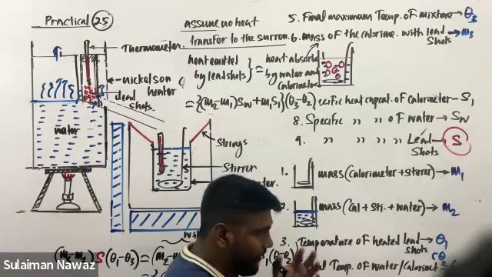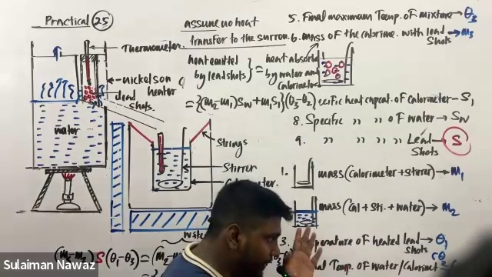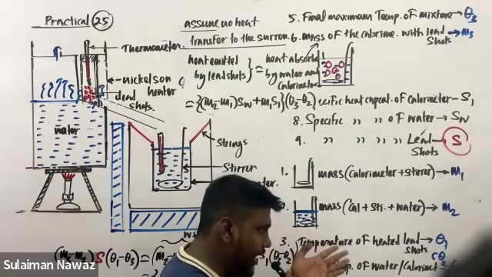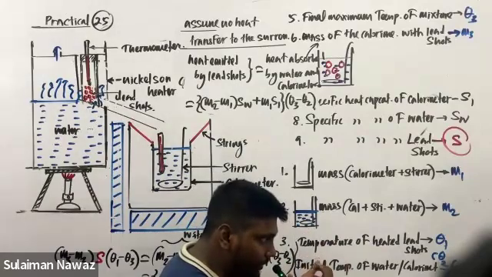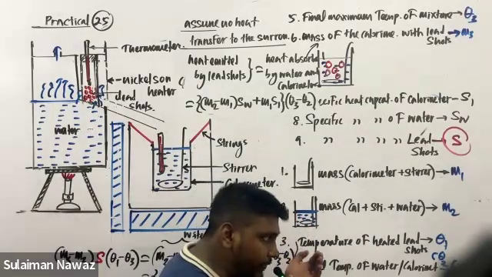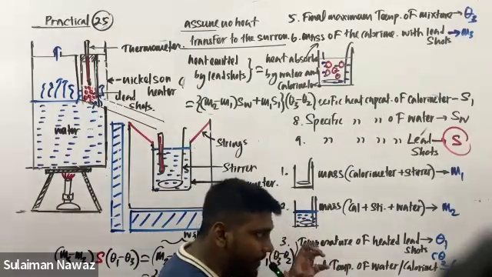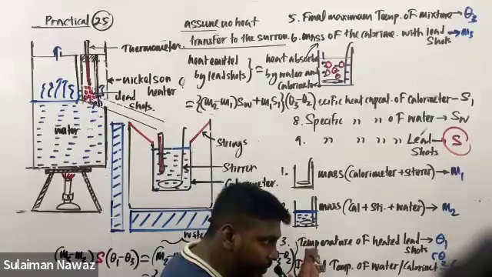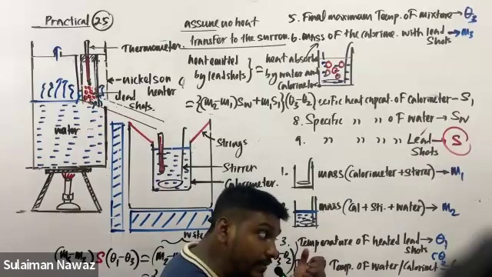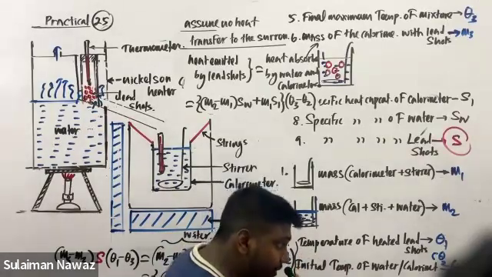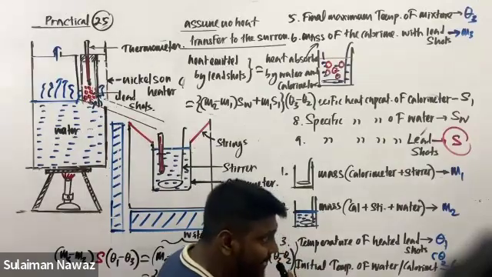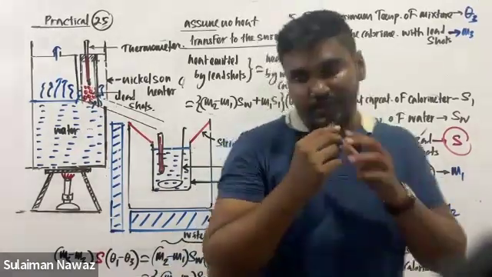Okay. Now, number one, measure the mass of the empty calorimeter and stirrer, and measure the mass M2 of the calorimeter filled with water about half full. Yes, we discussed. Second point, heat the lead shots, which have been found to be completely covered by water, in the Nicholson heater, and adjust the bulb of the thermometer so that it touches the lead shots.